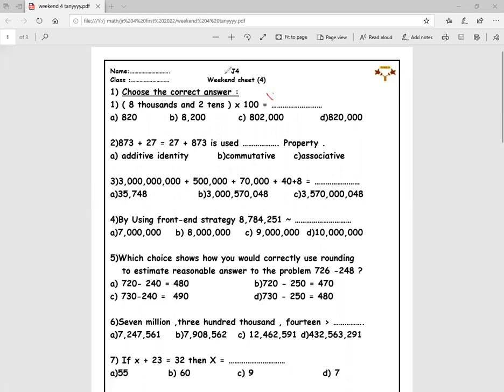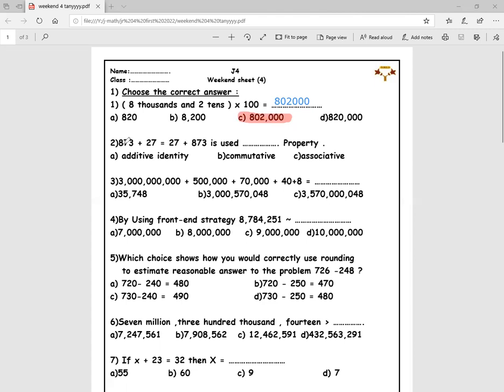So 8 here in the thousands, no hundreds, and 2 in the tenths, and nothing in the ones. Once it's times by 2 zeros, or 100, I'm going to add 2 zeros. So my answer will be 800,200. So which one is the answer? This one.